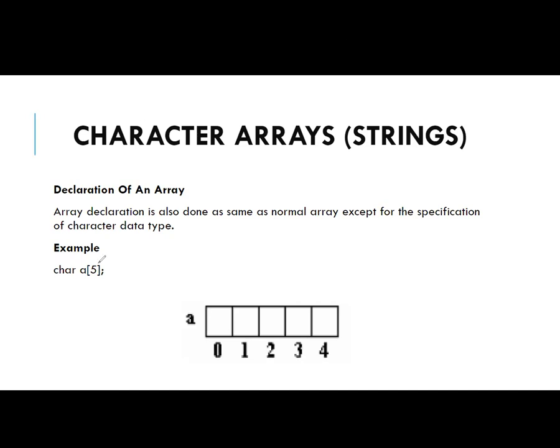Like how you had int, the name of the array and the size of the array, similarly for the character array you will have the data type as char, the name of the array and the size. And the index positions will be from 0 to size - 1. So this is how you will declare a character array.